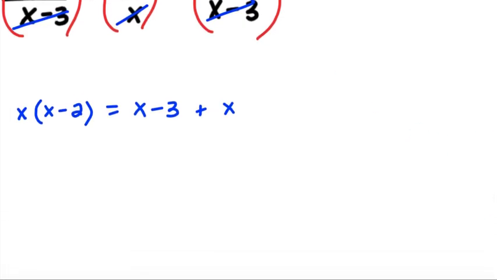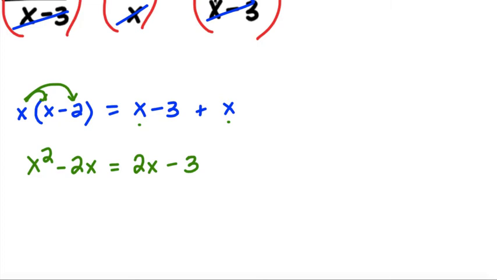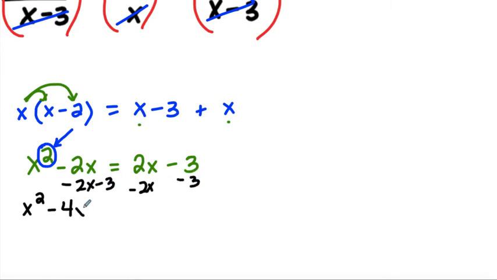So first I need to distribute my x, and I'm going to get x squared minus 2x equals, simplifying by combining the like terms, 2x minus 3. All right, now I notice it's a quadratic equation because that highest exponent is a 2, so I'm going to get it set equal to 0 and try to solve by factoring. So I'm going to subtract 2x and subtract 3 to the other side, and I'm going to get x squared minus 4x minus 3 equals 0.